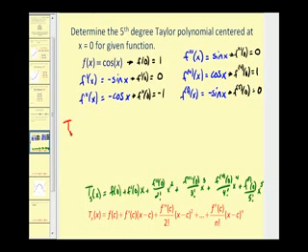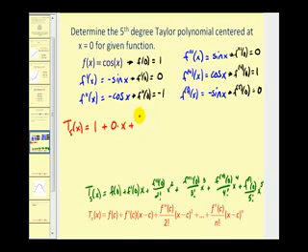So we'll have T sub 5 of x is equal to f of 0, which is 1, plus f prime of 0 times x, well that would be 0 times x, plus f double prime of 0 divided by 2 factorial.